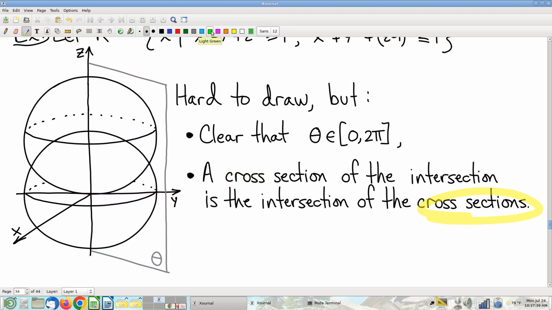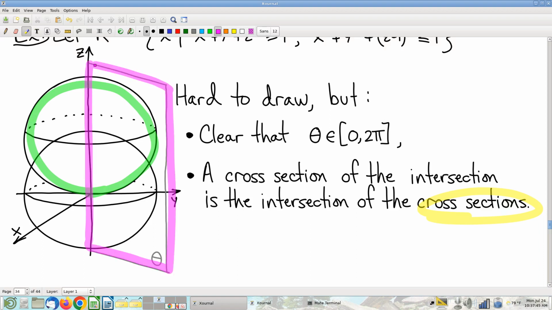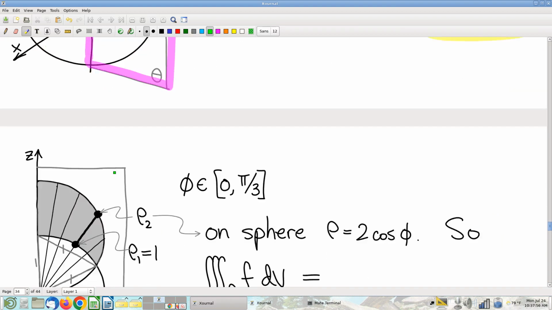And so, for example, this top one, what does a slice of that top ball look like? Nothing to it. A slice of that top ball is just a disc. And that's super easy to draw.